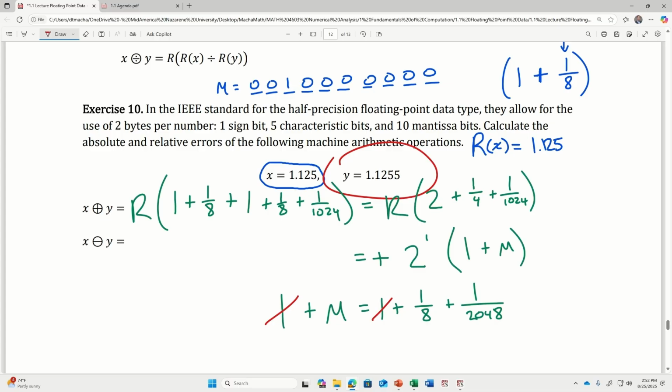And so the rounded up version of my final answer is going to make sure the mantissa is equal to 1/8 plus 1 over 1024, because that is not representable, but we are going to round up.